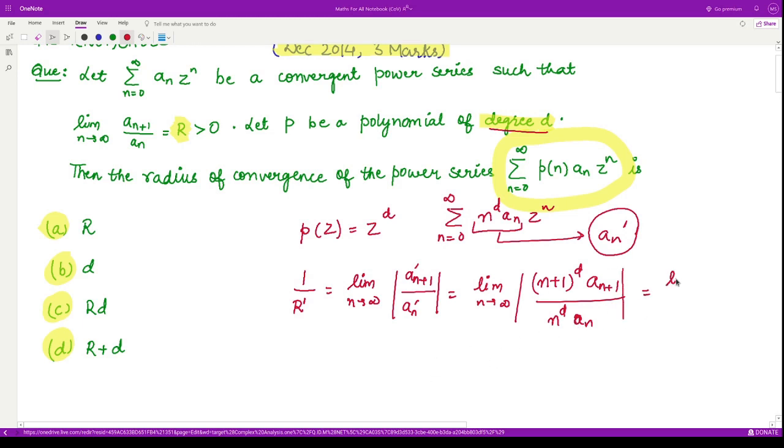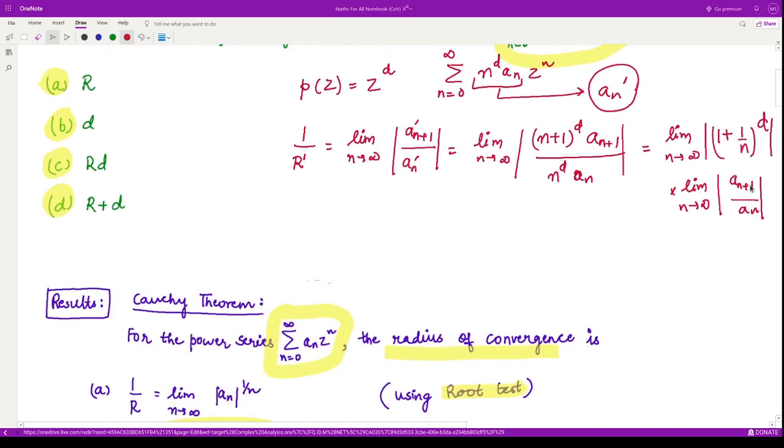So we'll be having the limit as n goes to infinity. From this term we can take n to the power d common, so we'll be left with (1 plus 1 by n) raised to power d. This term is multiplied by the limit as n goes to infinity of a_{n+1} divided by a_n, which is obviously given to be r. So we'll be left with 1 by r dash equal to the limit.